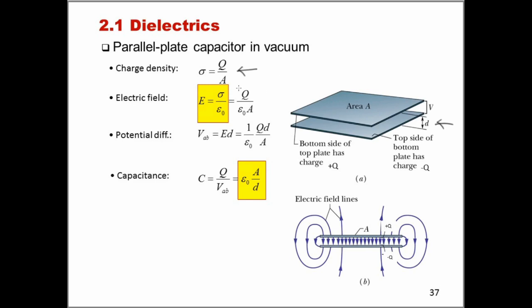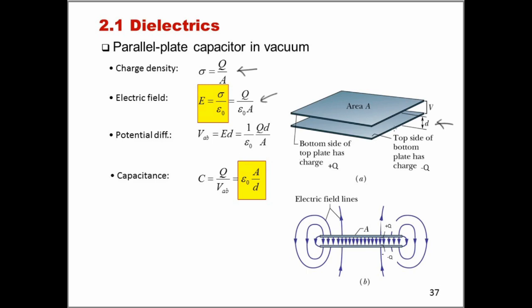We can demonstrate using electromagnetism that the electric field within the two plates is given by sigma over epsilon zero. Epsilon zero is the permittivity of vacuum, a fundamental constant, and so we can write the electric field in this way.